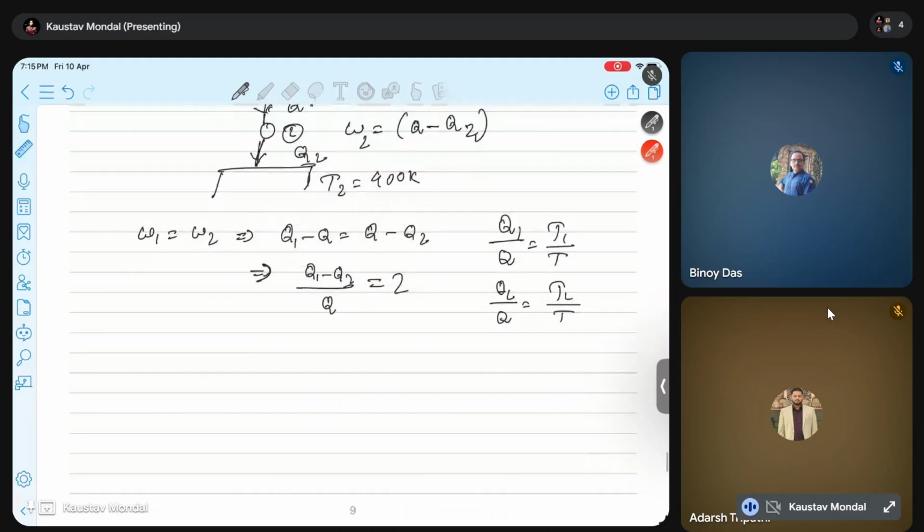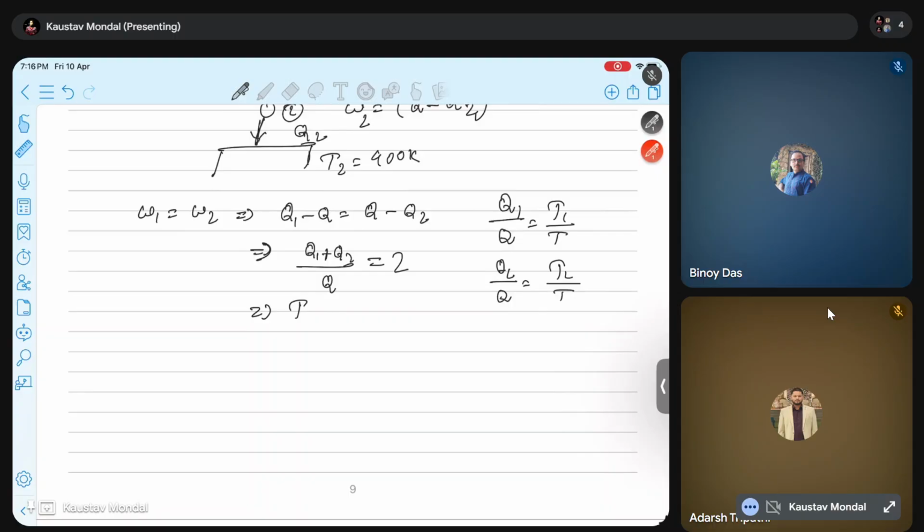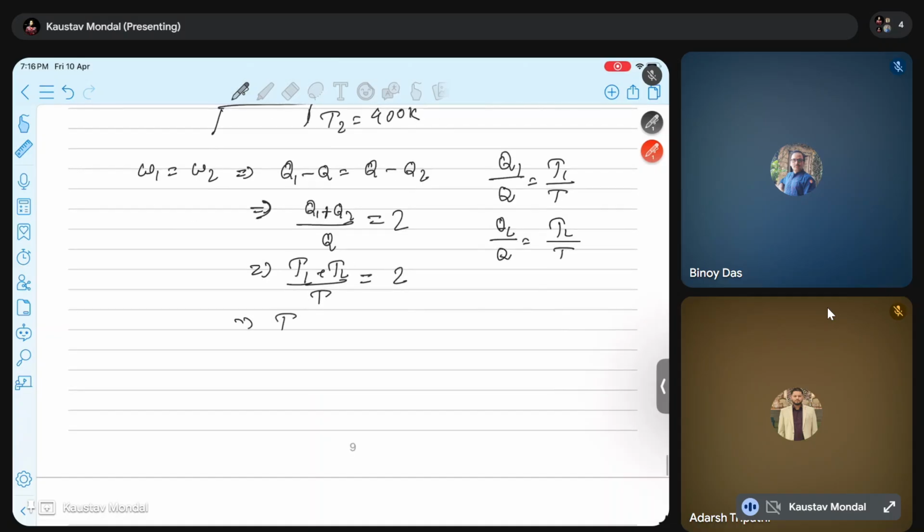So Q1 plus Q2 becomes T1 plus T2 by T. So it will be equal to 2. So T would be (T1 plus T2) by 2.